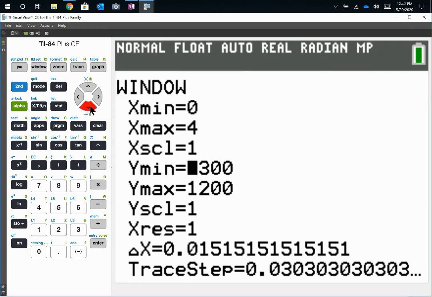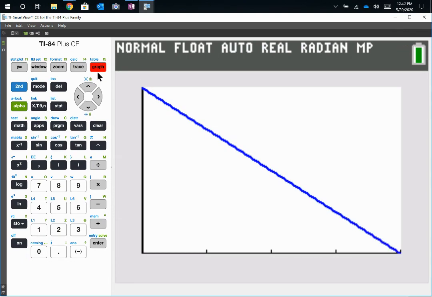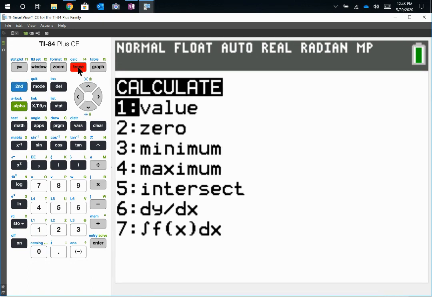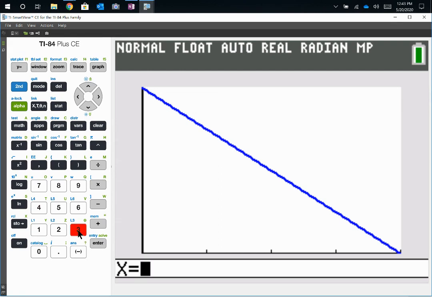That's the domain. And then the price goes from 0 to 3,200. And you can use your graph to find out year 1, year 2, year 3.